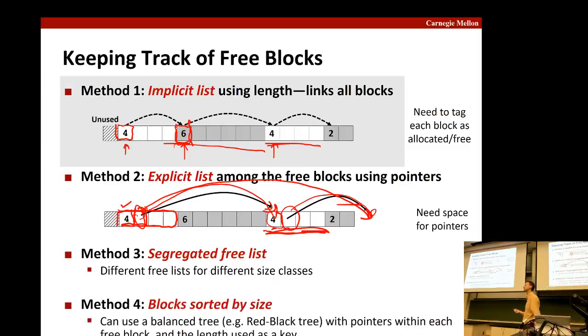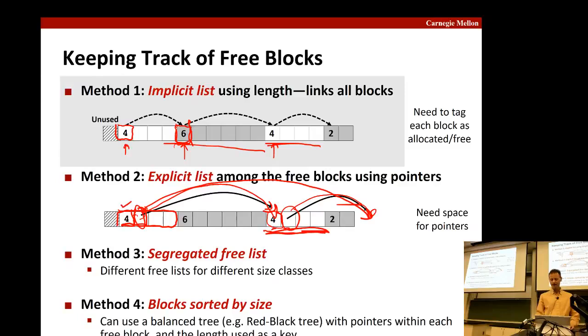The extreme of this would be if you kept all the available blocks sorted by size, say in a balanced tree that allowed you to search. So you'd come in with your key being the size you're interested in, and you'd search through this balanced tree using that length as a key, and then you'd find the one that was the tightest fit, for instance, to what you're doing.